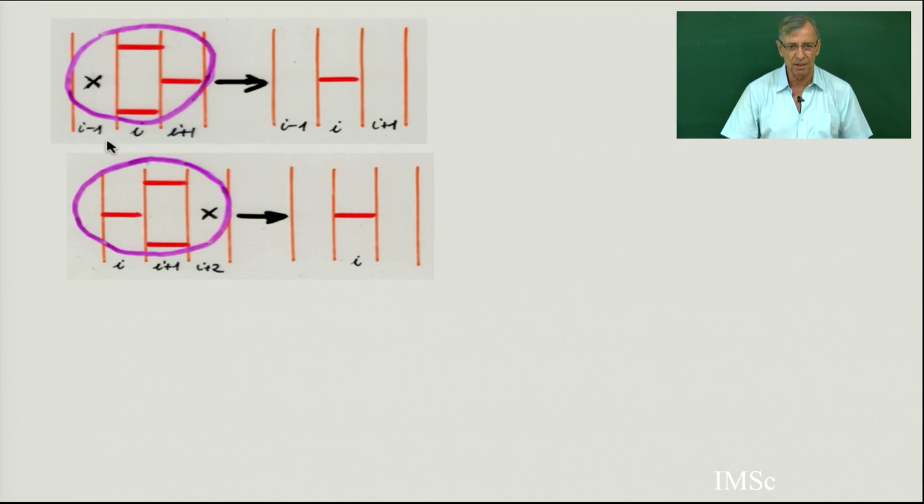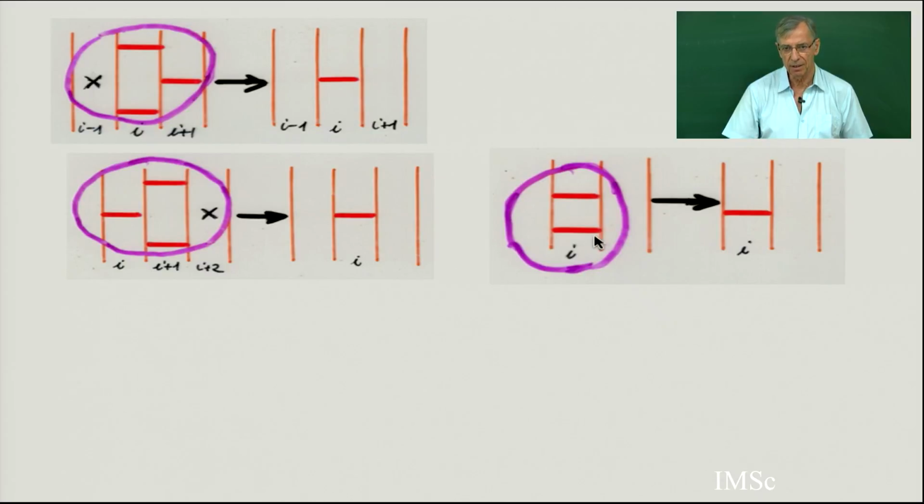It means that if you have this inside the heap, with nothing here, then these three elements can be reduced to a single dimer. This is E_{i+1} E_i E_{i+1} equals E_{i+1}. And then also there is this reduction: as soon as you have two dimers, one over another, you reduce them to a single dimer.